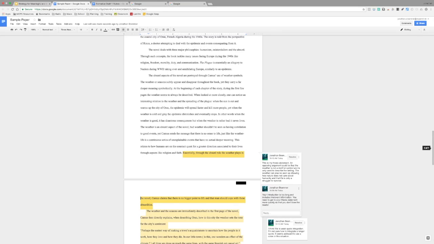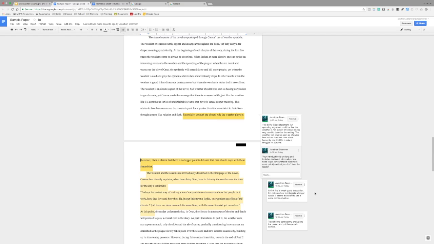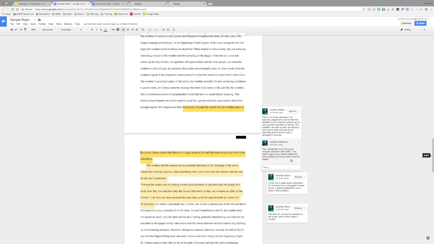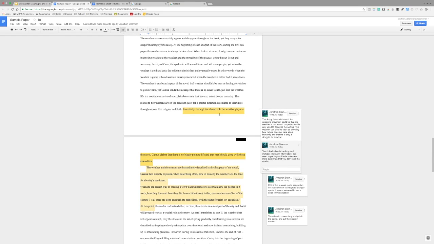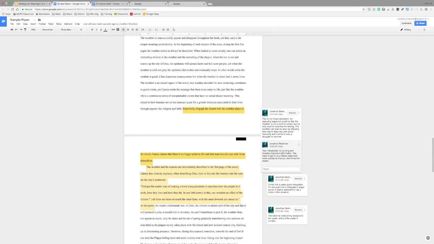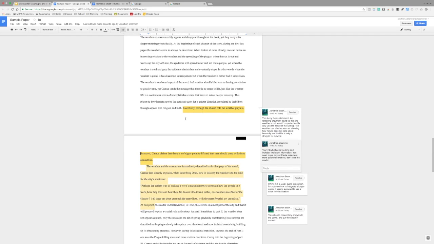The idea is that for the thesis to be debatable, a different argument could be made related to that same topic. My feedback was that this thesis statement is actually pretty strong: he accurately analyzes the work and is able to say what makes it debatable.